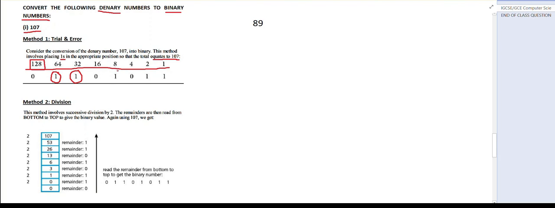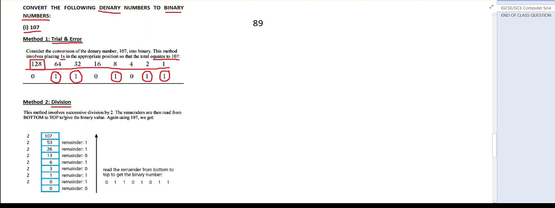Now, we add 8, we are 3 behind, we add 2, now we are 1 behind, and now we add 1, so that we have completed 107. This is the trial and error method, right? We have to place ones in the appropriate position so that the total equates to the number given in the question, right? The second method is the division method.